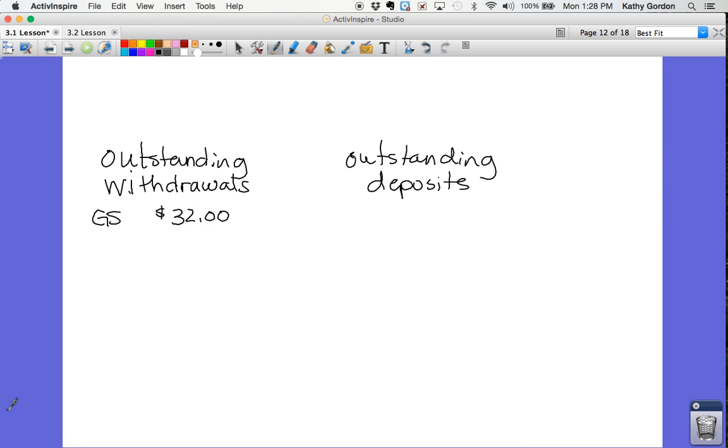Anything else? The donation, the Red Cross. And how much was that? $100. Anything else? Okay? So our total of outstanding withdrawals is $132.